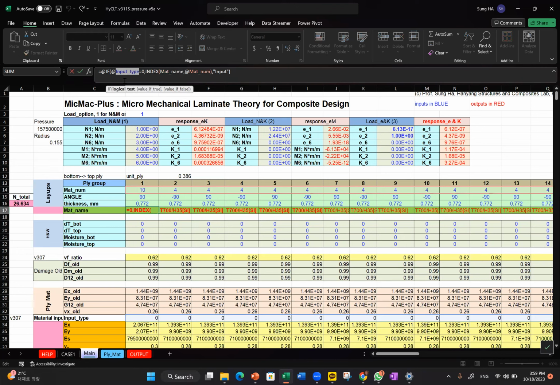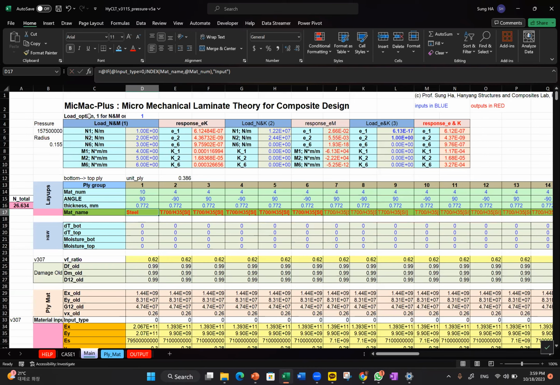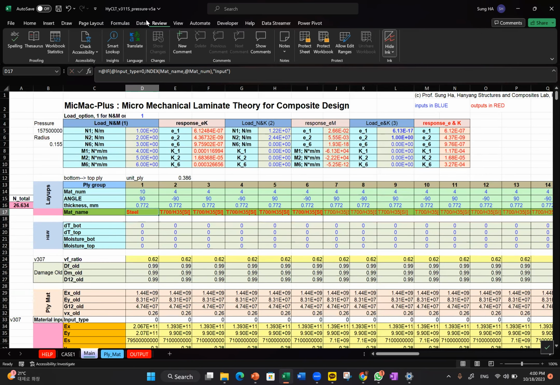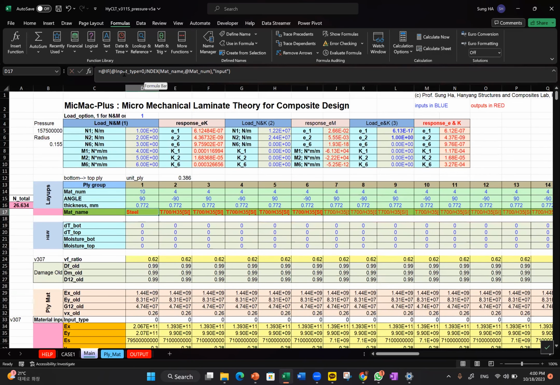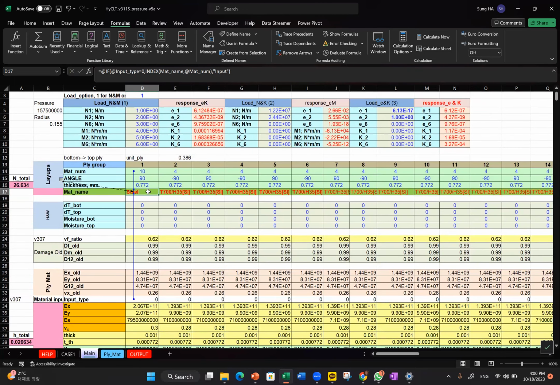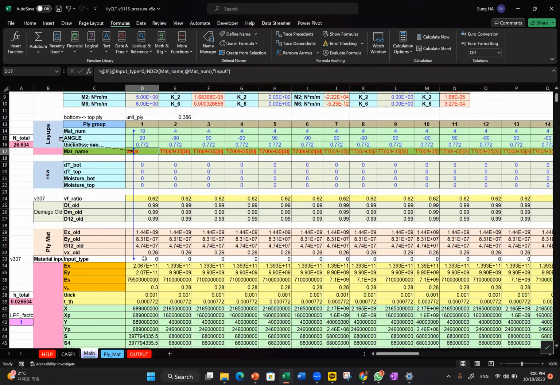Well, there is some option like the input type equals 0. Where is the input type? Whenever you want the input type, you can click here, and if you want to know what the input type is, you can always select and trace the dependent or precedent, which means that this one is a material input type 0.